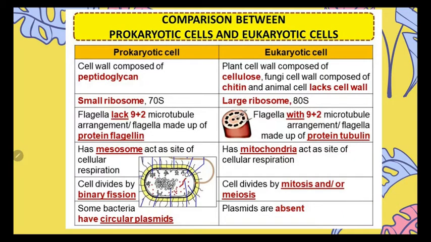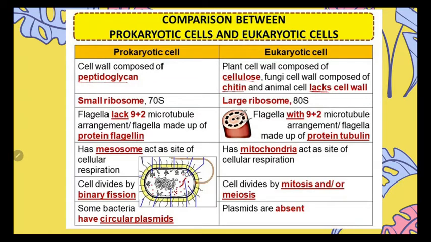Okay, about the cell wall of both cells. Cell wall of prokaryotic cell is made up of peptidoglycan, while cell wall of eukaryotic cell, okay, plant cell wall composed of cellulose, fungi cell wall composed of chitin, and animal cell lacks cell wall.